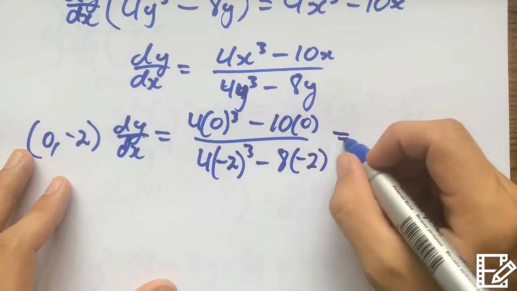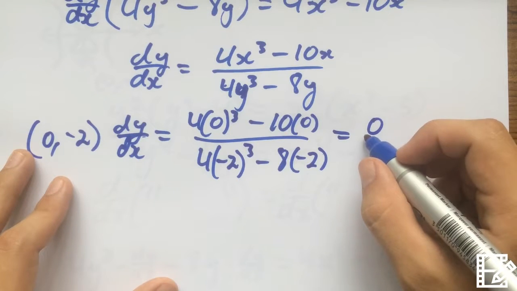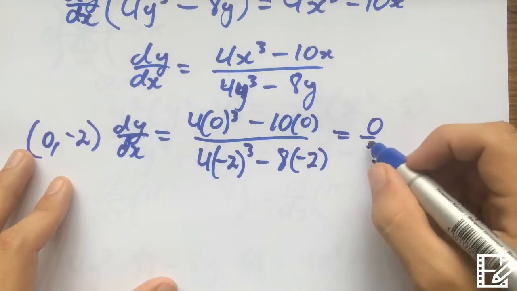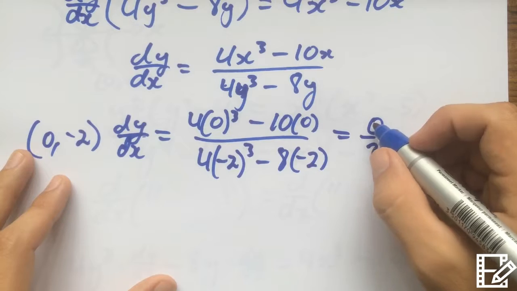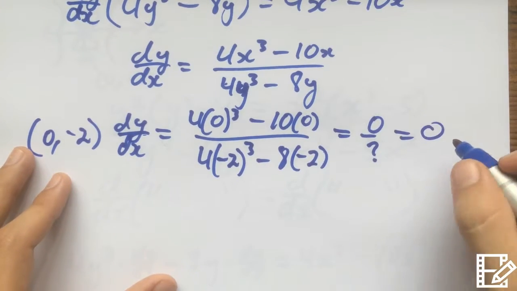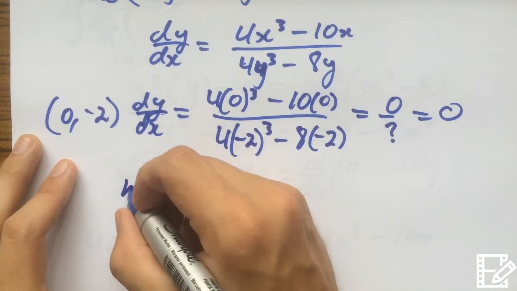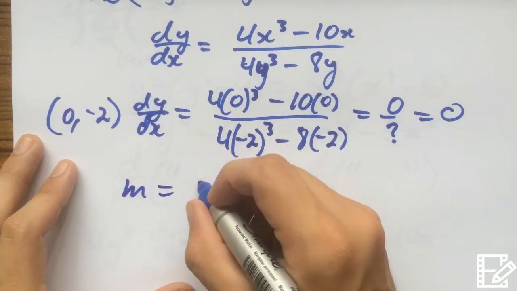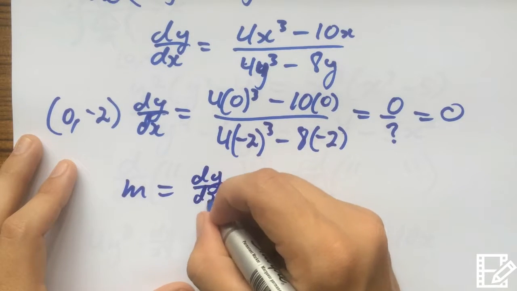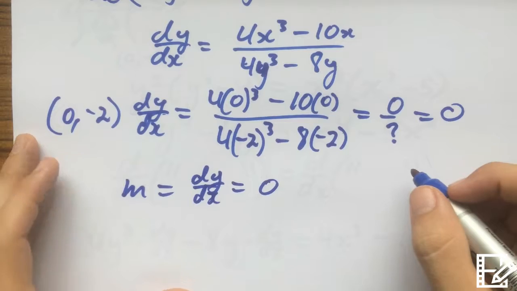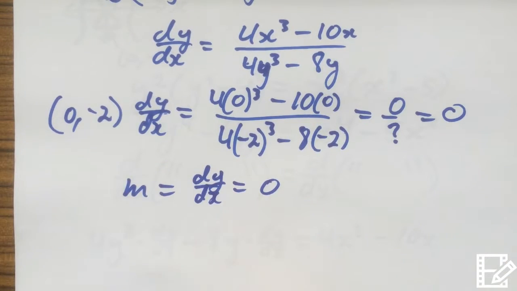Now the top is going to equal 0, and the bottom, it doesn't matter, because if it's a 0 on the top, it's a 0 altogether. So that means the m, which equals the derivative, will equal 0 at that point.